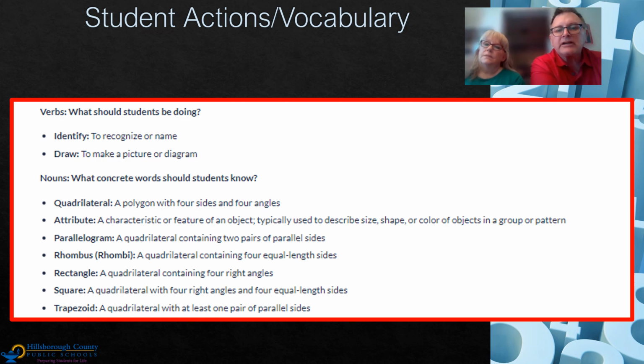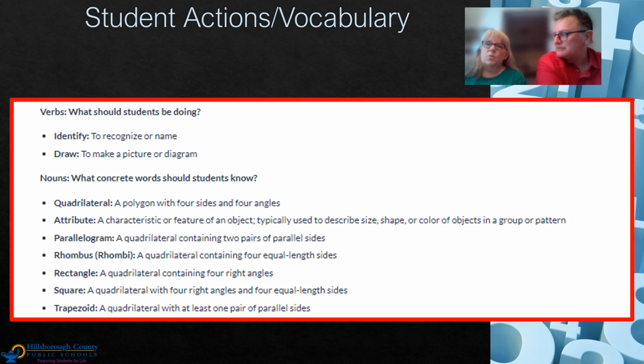So let's take a look at student actions and vocabulary with this benchmark on quadrilaterals. Barbara, what are the actions they're having to do with quadrilaterals? Well, they're identifying, drawing, and sorting in that process. And the vocabulary you see there, that's my word wall, and those words would be front and center. I really like the definitions used on this list because they're the minimal definitions that you need.